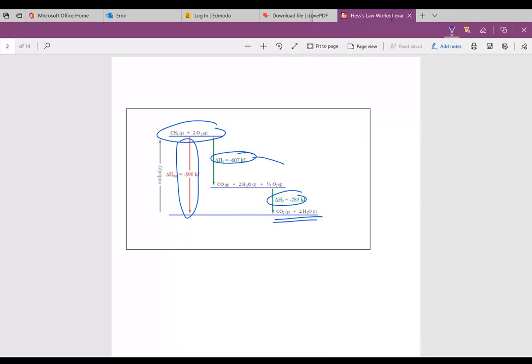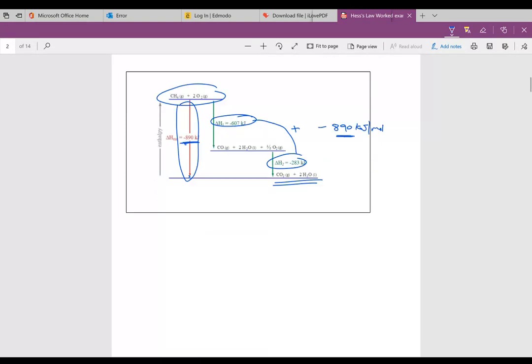These 2 steps added together give you the same value. So either way, that's still minus 890 kilojoules per mole. Whether I do it in one single step or in 2 steps, I will still get the same heat change, in this case, 890.